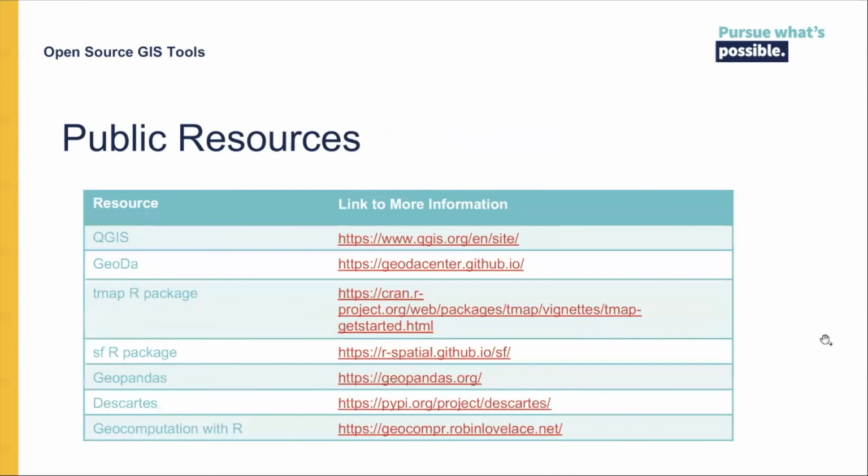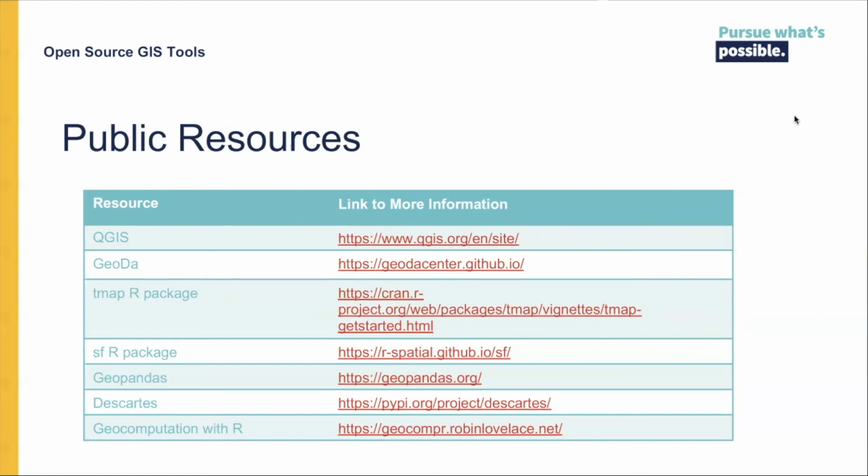And here are some public resources. You can download QGIS, like all of these things that I mentioned, from these websites. Some of them might take a little bit more work than others, but all the instructions are on the website.